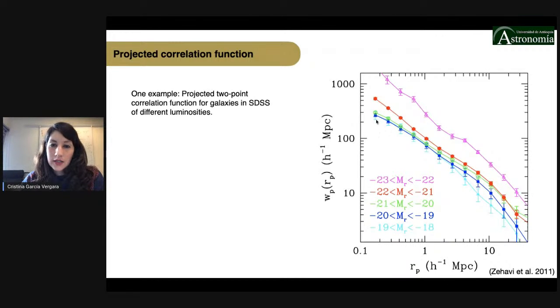Then this is a power law shape. You have different amplitudes, and more or less very similar slopes. We will talk in more detail about this measurement tomorrow, in particular how to interpret what it means. But for now, I just wanted to show you how this looks.